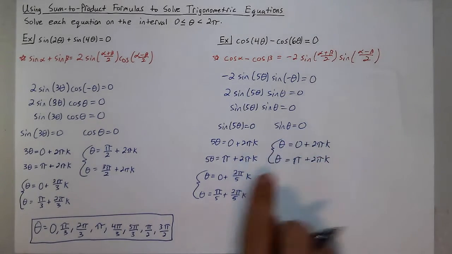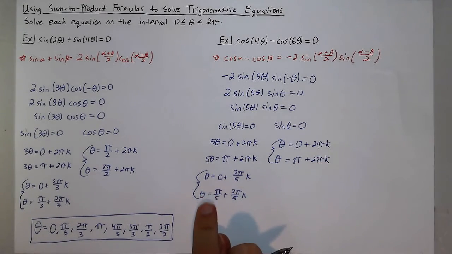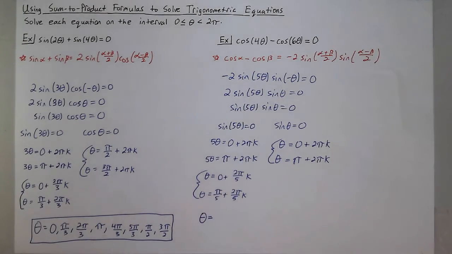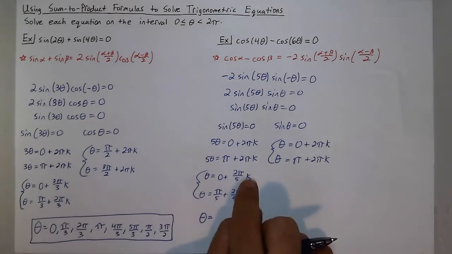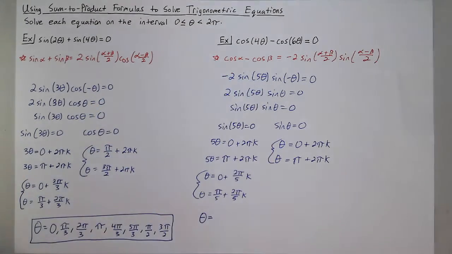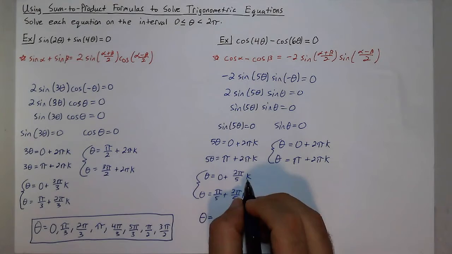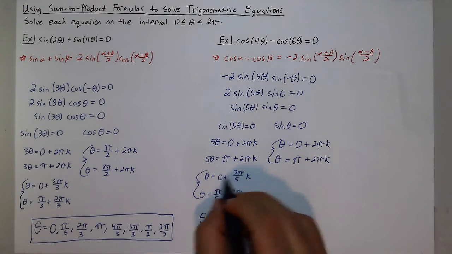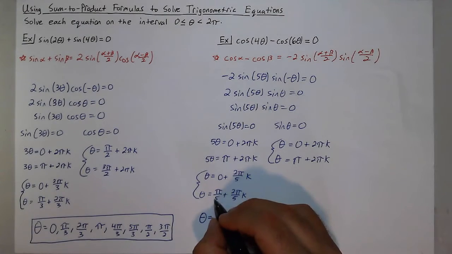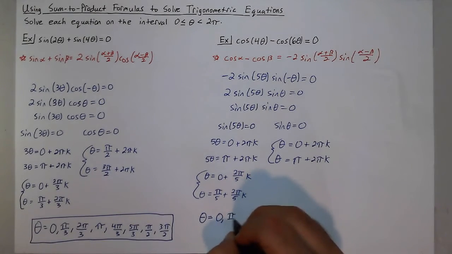So now using these general formulas, I'll list out all of the possible solutions, starting with my equation on the left. I don't want to use a negative k, because that'll bring me into the negative values, and I'm not going to find any solutions there, so I'll just start with k is equal to 0. So it'll be 0 plus 0, which is one solution. Then pi over 5 plus 0, which is pi over 5.